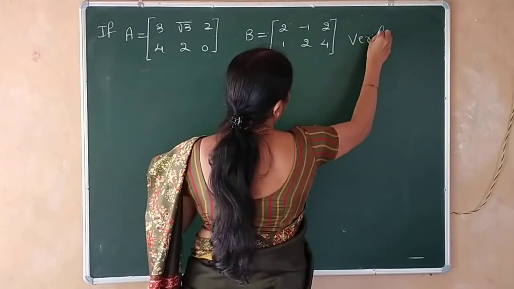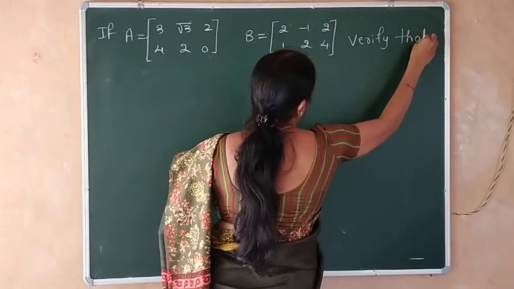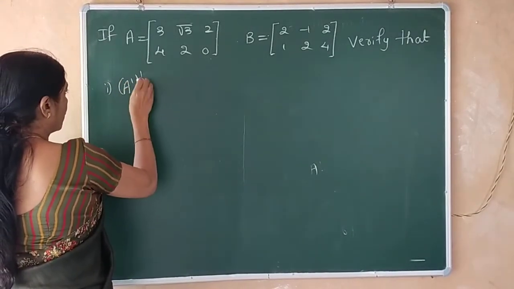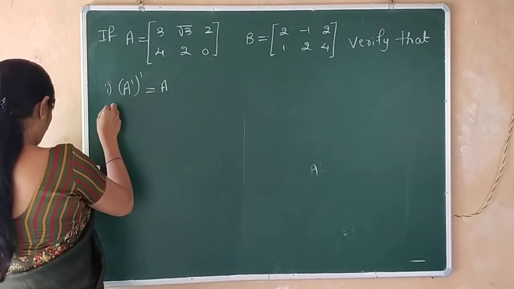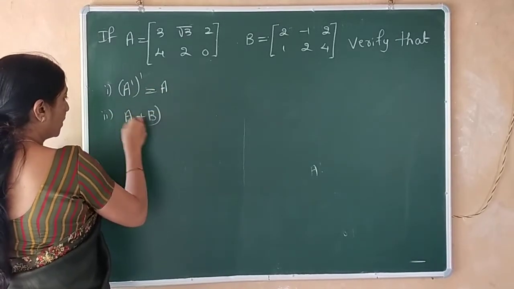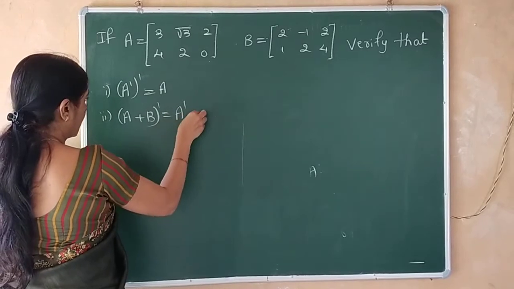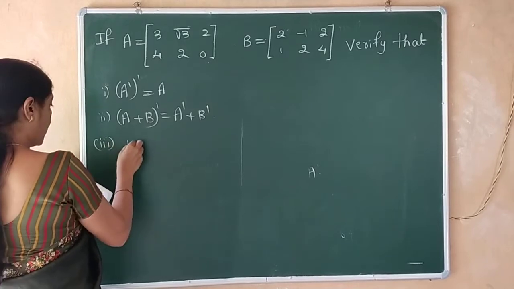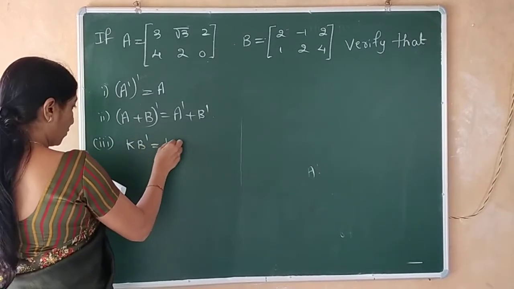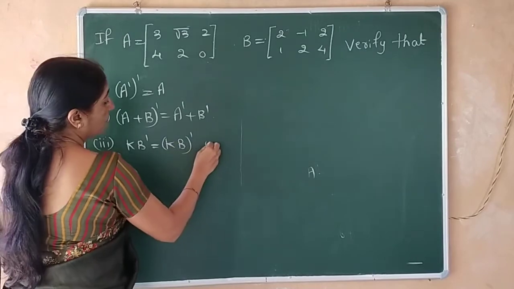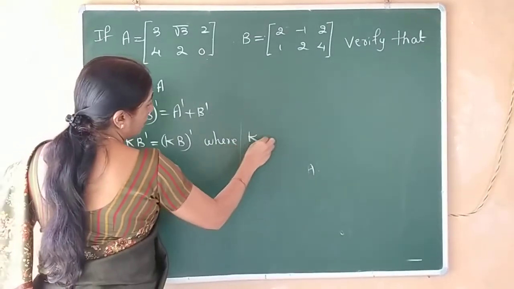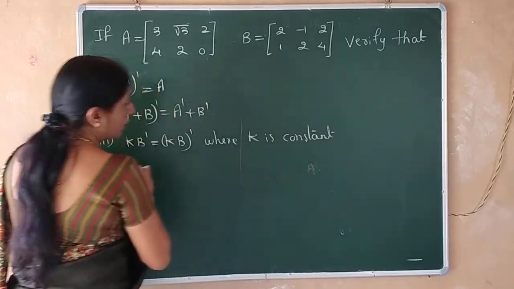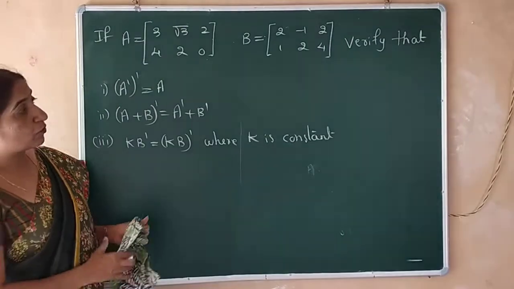Verify that first one, transpose of A transpose is equal to A. Second one, A plus B whole transpose is equal to A transpose plus B transpose. And the third one, K into A whole transpose is equal to K into A transpose, where K is a constant. Now I will explain these examples one by one.